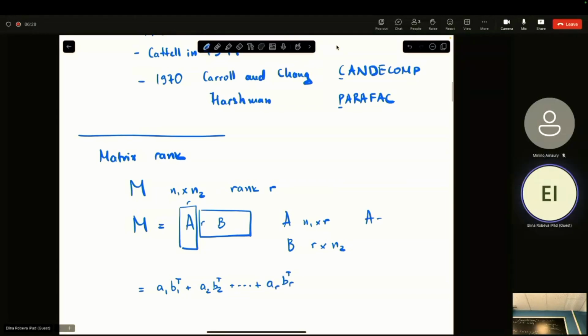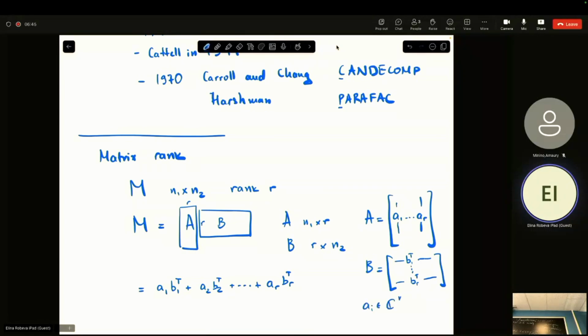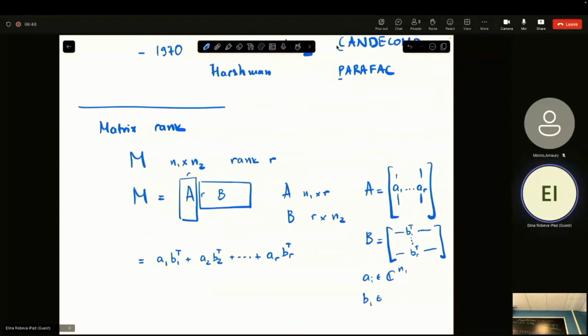Well, the A's are the columns of A, A1 through AR, and the B's are the rows of B, B1 transpose, and so on. So the vectors A lie in R or C, let's say C^N1, and the vectors B lie in C^N2. Another way to say that a matrix has rank R is to say that it can be written as a sum of R rank 1 matrices, because each of these has rank 1.